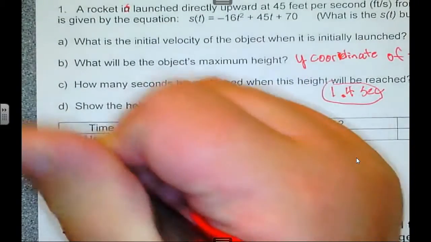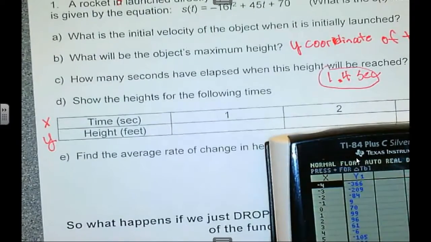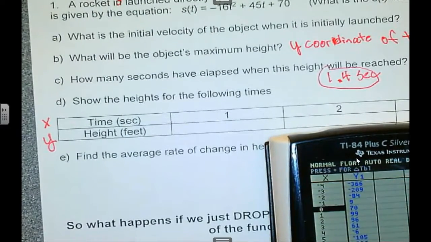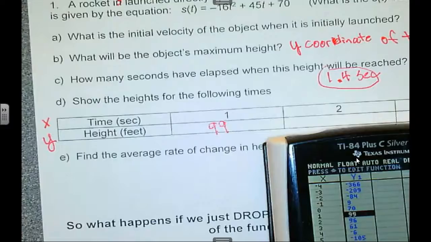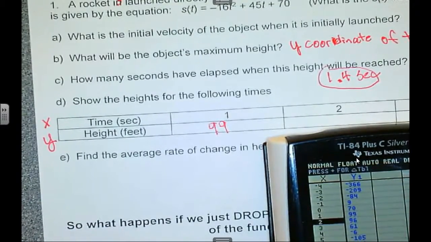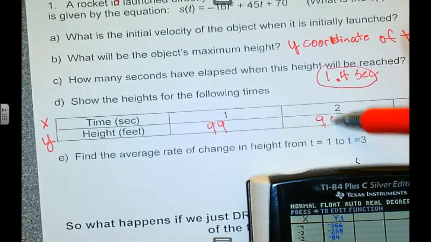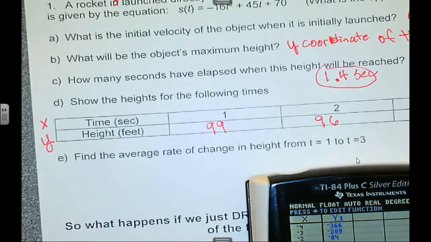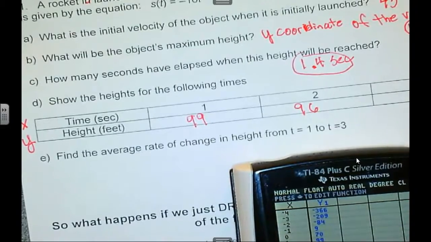Again, that's your x-axis, right? This is your x-axis, this is your y-axis. So when my x is 1, my height is going to be 99 feet. Okay. When my x is 2 seconds, I'm at 96 feet. So I'm on my way down already by the time I hit 1 second. And then at 3 seconds, I'm at 61 feet.